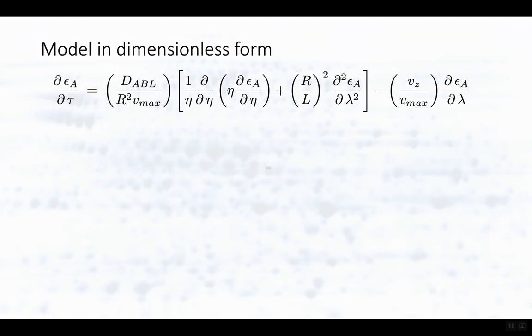All right, so if we make the appropriate substitutions in our model, what we find is the dimensionless form of the model, and we still have our temporal term, our radial diffusion term, our axial diffusion term, and our advective flow. Okay, and if we look at this number, this is dimensionless. It goes from 0 to V max. That was why I used V max.